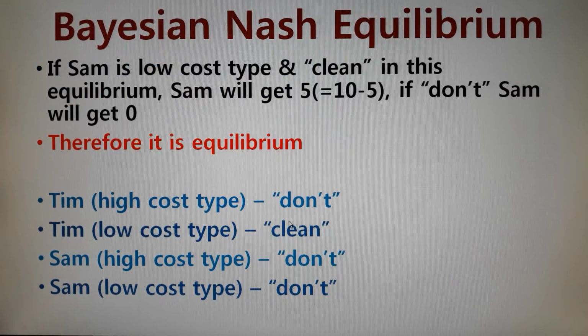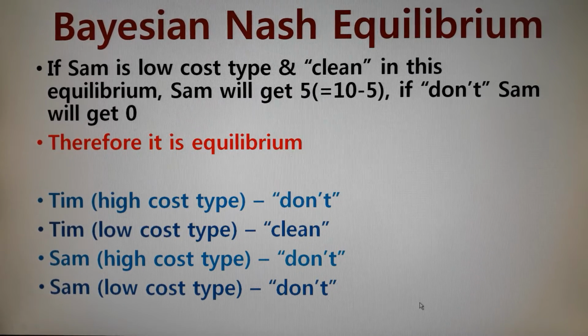Okay. If that is the Bayesian Nash, we can see another. Don't, clean, don't. Sam and Tim are symmetrical. So if there is an equilibrium where Sam cleans and Tim does not, for the same reason, we can have an equilibrium where Tim cleans and Sam does not.